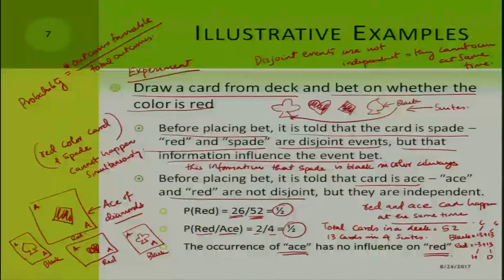The occurrence of an ace has no influence on the occurrence of red, because aces can be red or black. Hence, you can say that the occurrence of an ace and the occurrence of a red card are two independent events. But the occurrence of a spade and the occurrence of a red card are not independent, because they are disjoint events: if it is a spade, it can never be red. I hope that makes the concept clear to you guys.